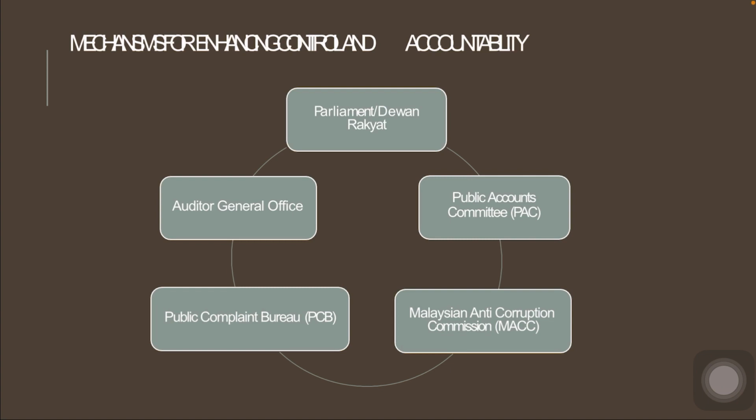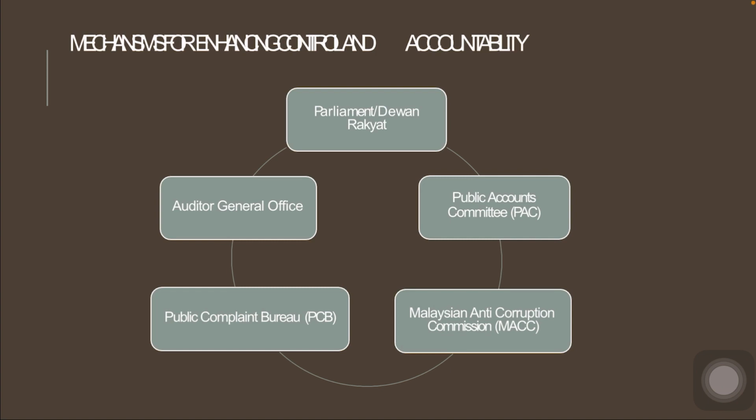Next, number 4, kita ada Public Complaint Bureau. Ni saya cakap tadi tu, Biro Pengaduan Awam dalam bahasa Melayu dia. So macam mana you nak tahu pasal Biro Pengaduan Awam ni, you boleh masuk dalam dia punya portal. So basically Biro Pengaduan Awam ni merupakan agensi di bawah Jabatan Perdana Menteri.